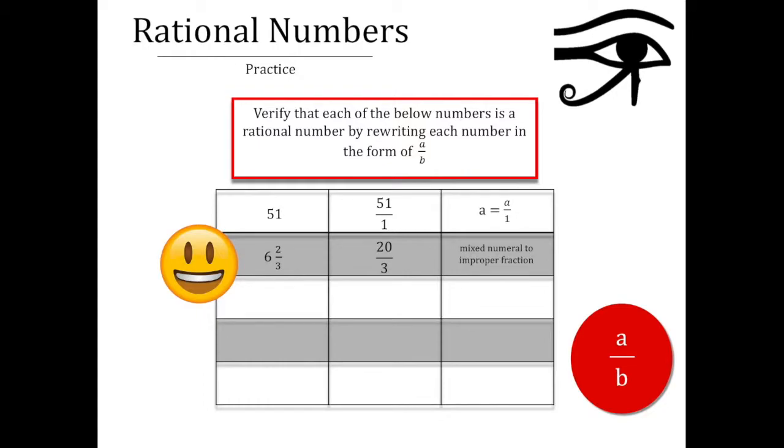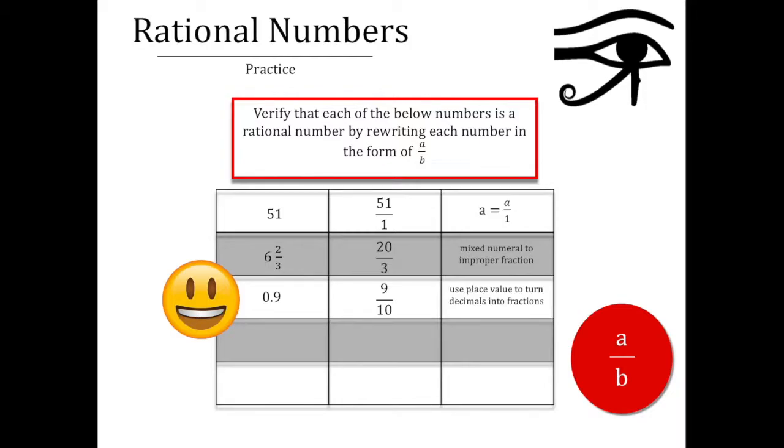What about 0.9? Now this one is a bit trickier. Think of the decimal place values. What place value is that in? It's in the tenths place, so that's 9/10. And there we go, a over b. If you see a decimal, just use the place values to turn it into a fraction.